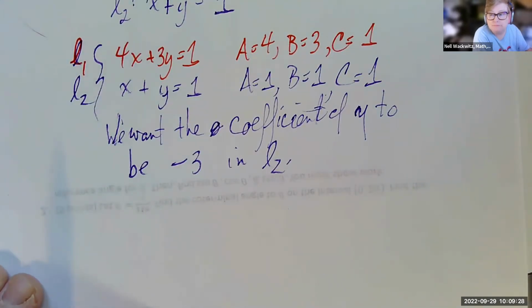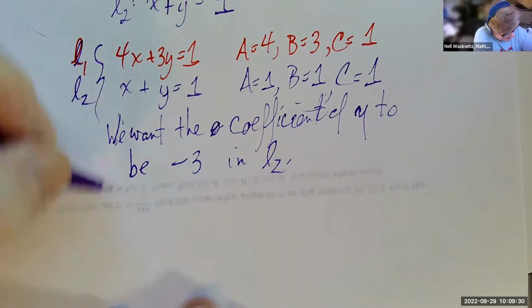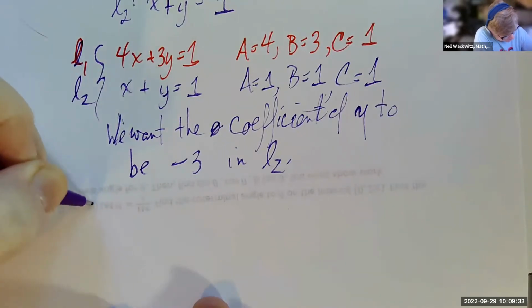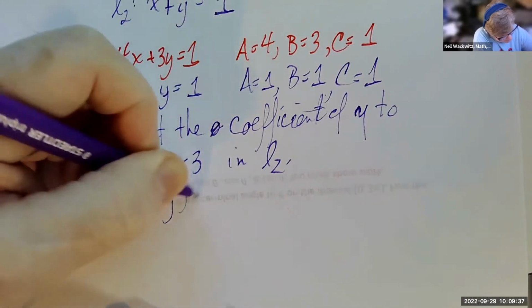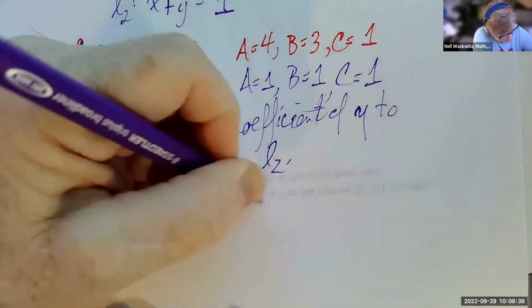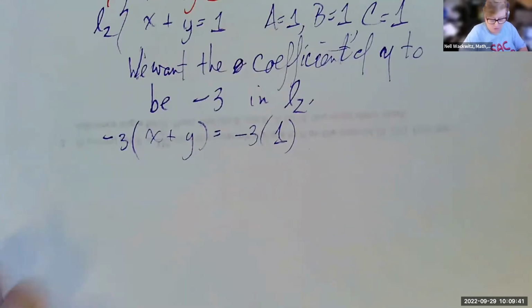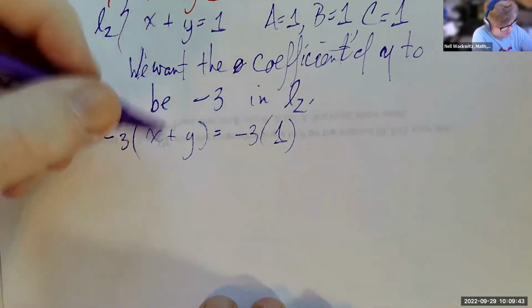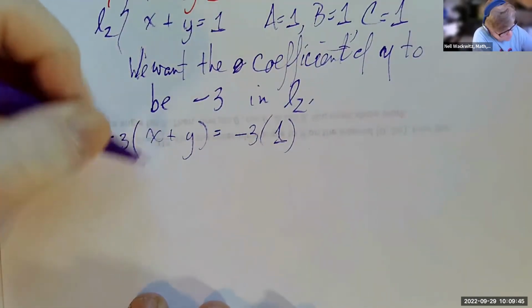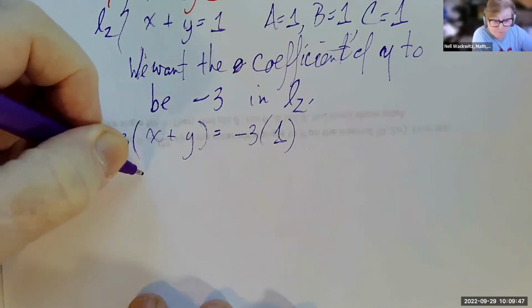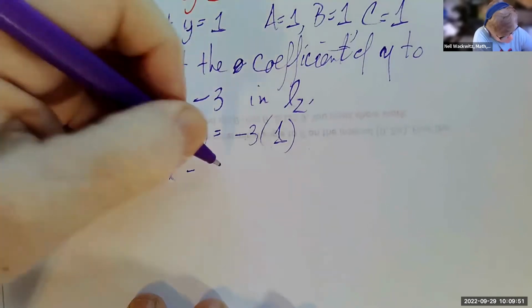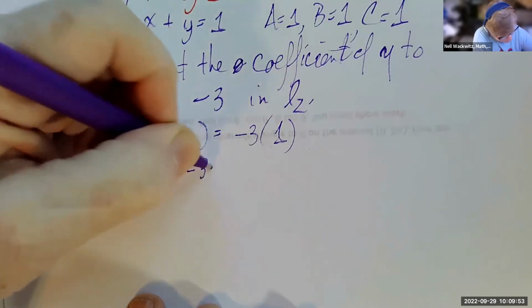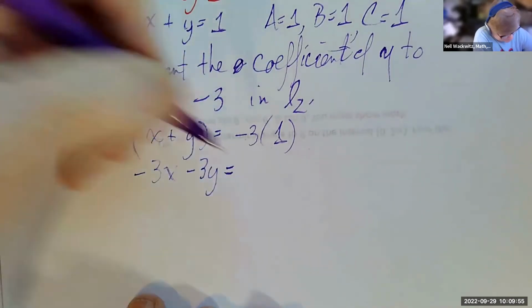You multiply by -3. Excellent. So we have -3 times x plus y and -3 times 1. All right. And we get -3x, -3y equals -3.